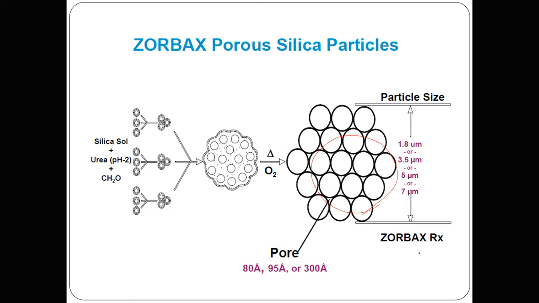These are all the Zorbax RX columns. Here is the porous part: 80 angstrom, 95 angstrom, or 300 angstrom, depending on the particle size. It is explained in complete detail for each and every column. If you look at the columns, you will get all the details in the properties of the column.